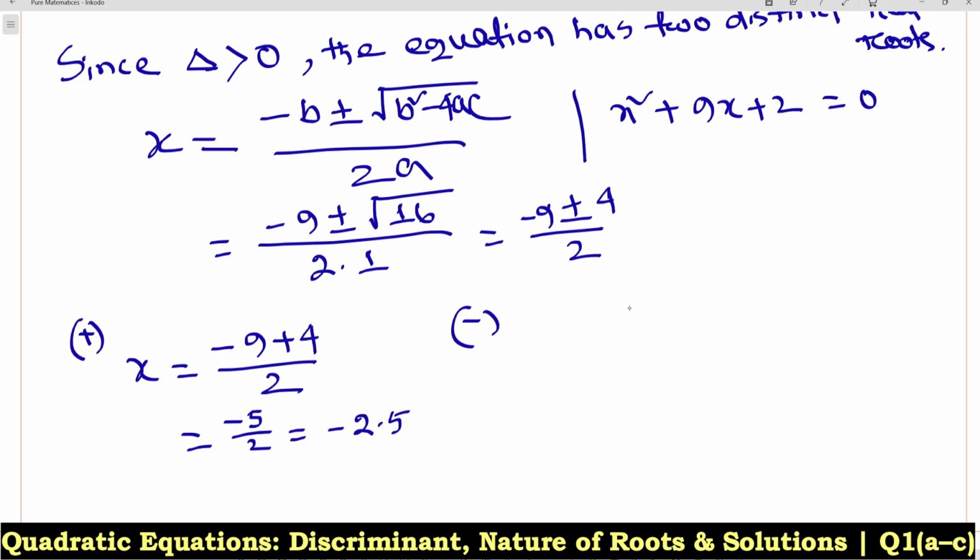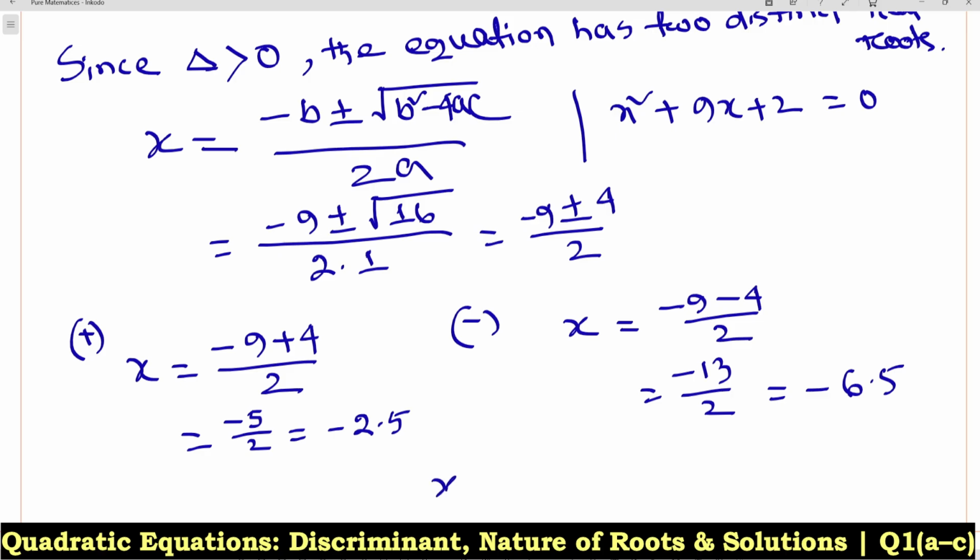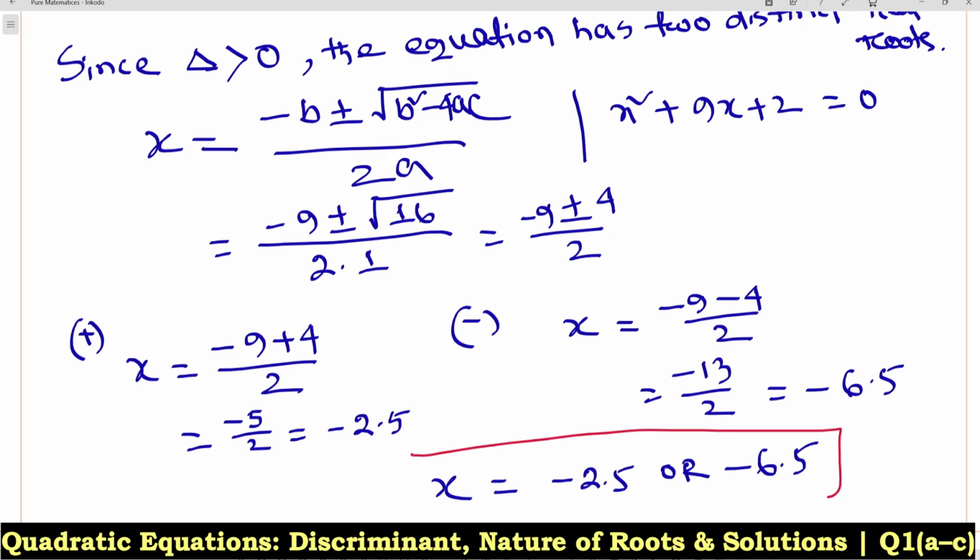Again, if negative, x equals minus 9 minus 4 divided by 2. So minus 9 minus 4 is minus 13 divided by 2. The result is minus 6.5. So finally we get x equals either minus 2.5 or minus 6.5. So this is our result.